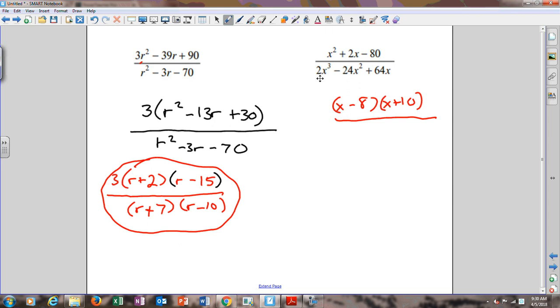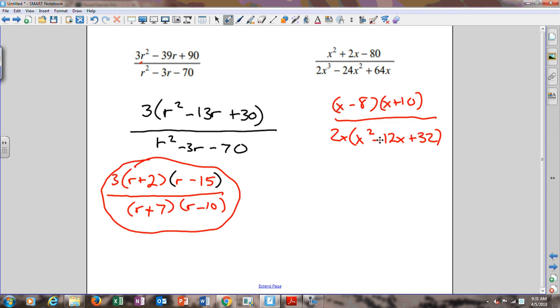On the bottom, we have 2x cubed minus 24x squared plus 64x. We can factor out a 2x from all of those. That leaves us with x squared minus 12x plus 32.